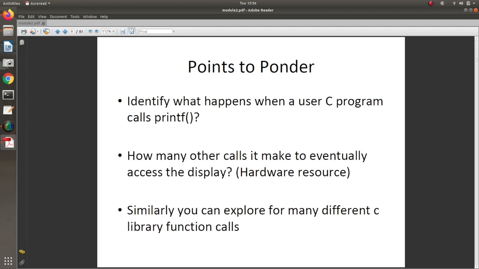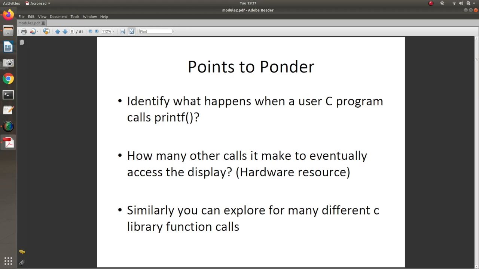So firstly, identify what happens when the user C program calls printf. For example, a user C program is basically an application level program, right, as we have discussed. So what happens when the user program calls printf? Show me the steps, okay? The next question is, how many other calls are made to eventually access the display?